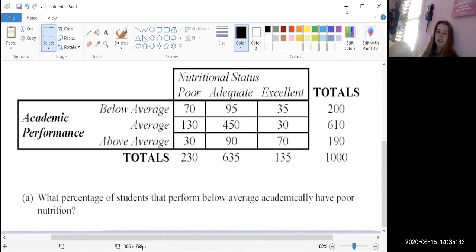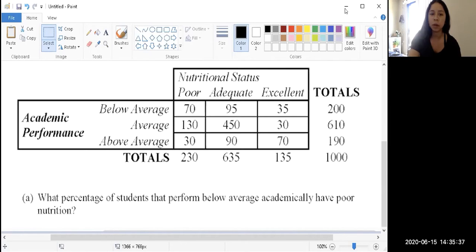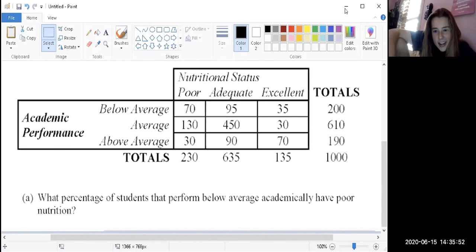Are we allowed to guess? Yeah. Well, 7%. It did 66%. Where are you guys getting those guesses from, though? Don't start Googling stuff. No, I wasn't. Okay, so it says what students have below average academic and poor nutrition.